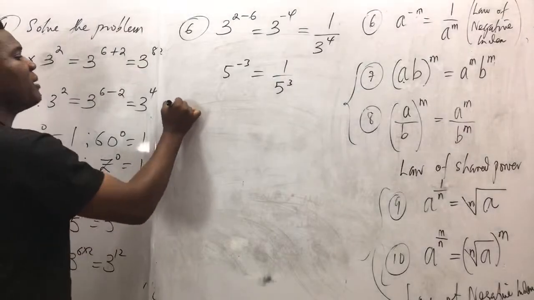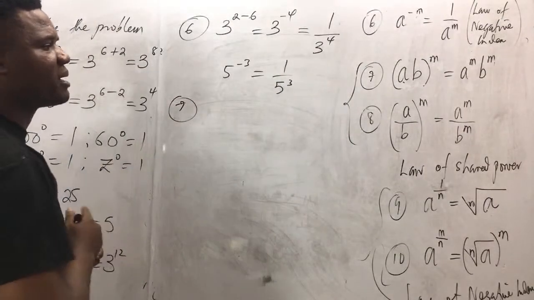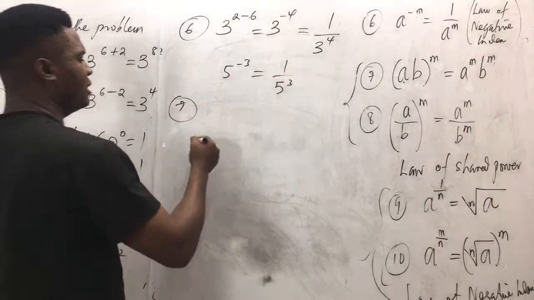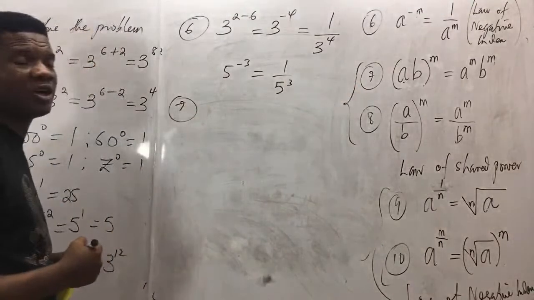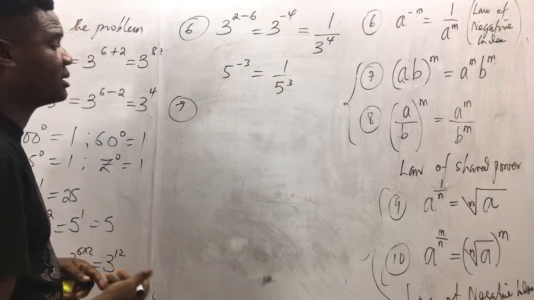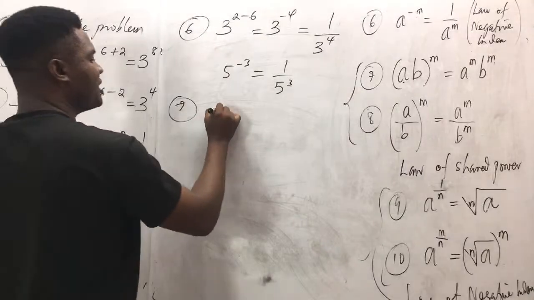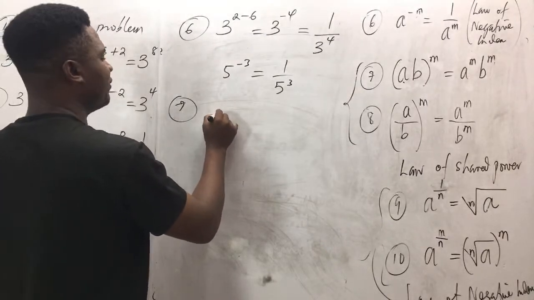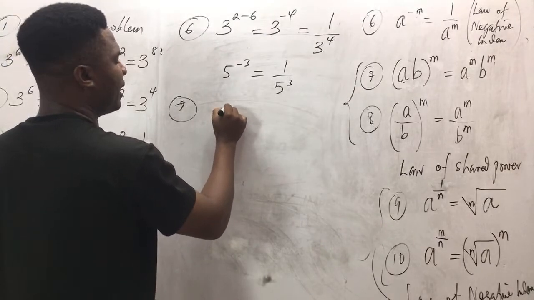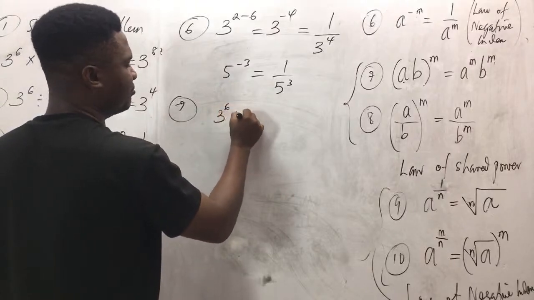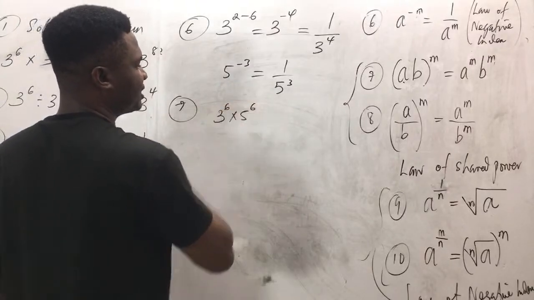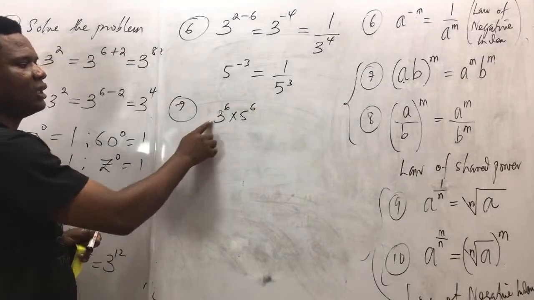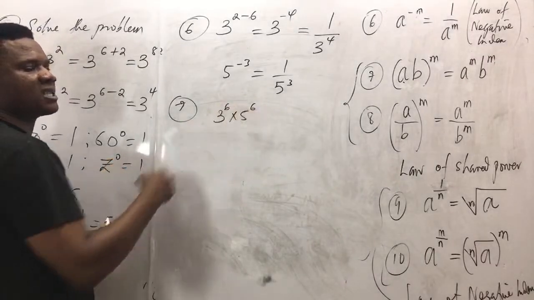Now, for problem number 7, problem number 7 comes in this manner. I can use the laws 7 and 8 to solve problems of this kind. So what if I was given 3 raised to power 6 times 5 raised to power 6? Now notice that two different bases have the same power.